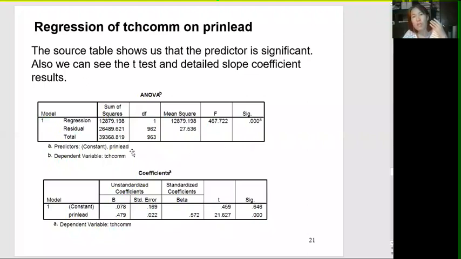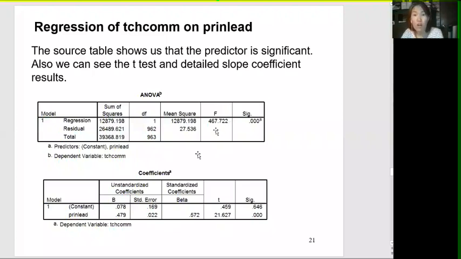So beta principal leadership is non-zero, and this is statistically significant at alpha 0.05. If you find the F distribution on the internet, you get the critical value for F based on the two degrees of freedom.